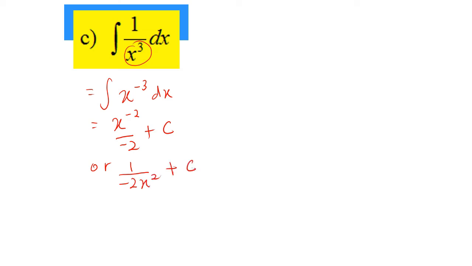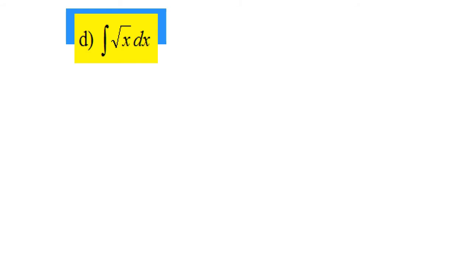Both correct. Next, for part D, when we integrate the square root of x dx, first simplify it as the integral of x to the power of half dx. Next, it will be x to the power of half plus 1 over half plus 1 plus c.